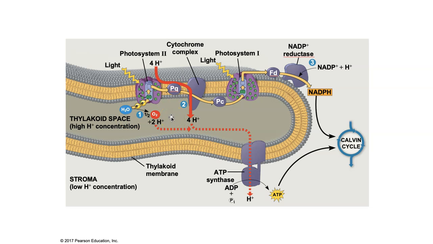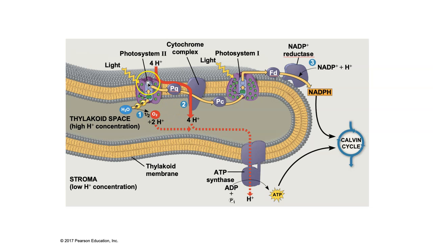And remember, hydrogens are what makes something acidic. So this has a high acidity, a low pH. So it's very acidic conditions because we keep having this replenishment of protons in here.